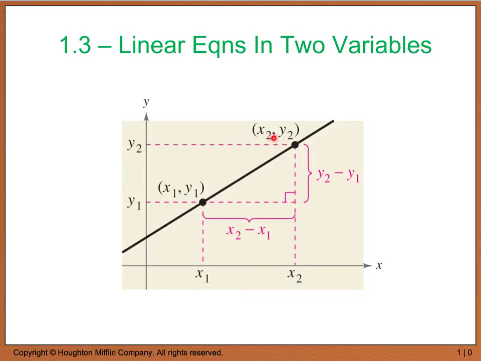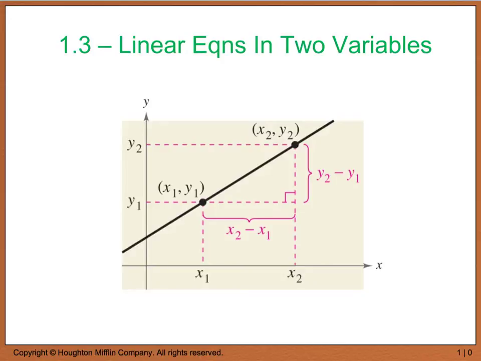So if I take this x2 value and subtract it from this x1 value, I get this change in that distance. Likewise, to find the change in height from here to here, I'm going to take this y2 value and subtract y1 from it to get the total change in height.